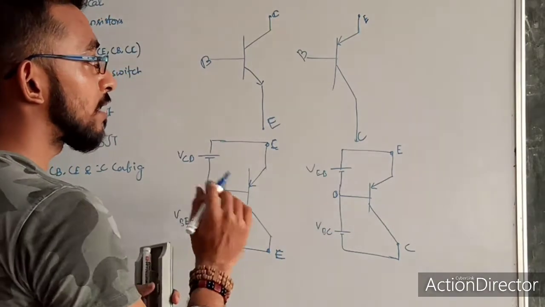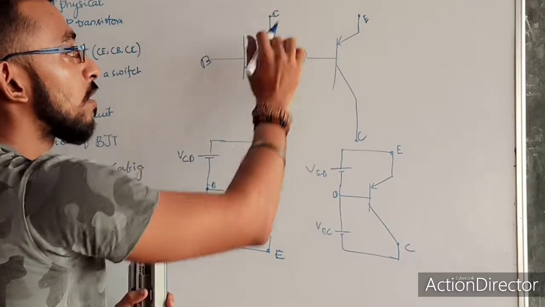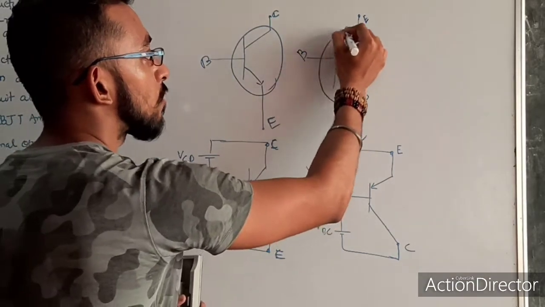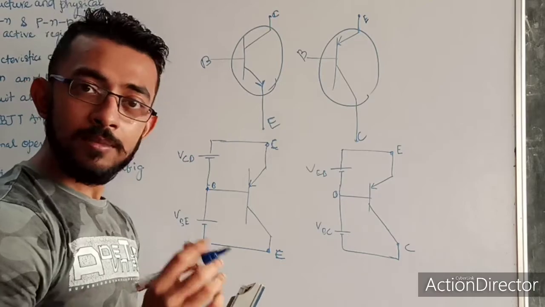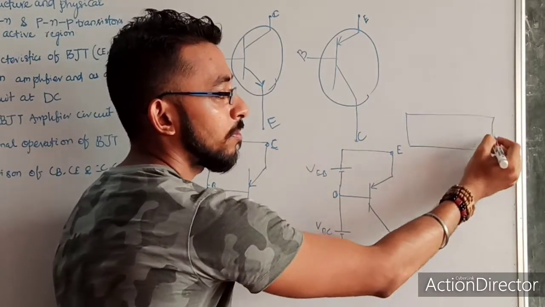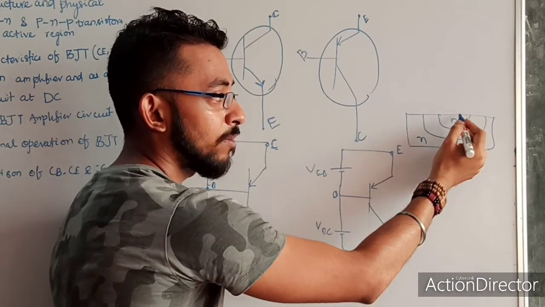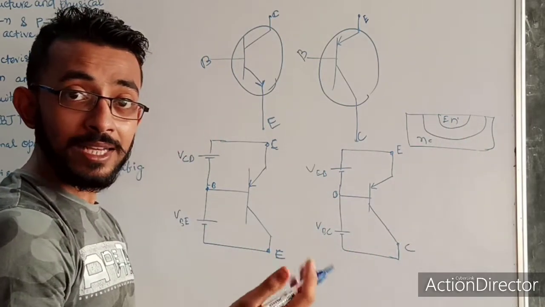Whenever a BJT is given in a question, you have to draw the BJT in this way. This is the circuit symbol, this is also a circuit symbol. We know our BJT is not a symmetrical structure. As I told in the previous video, even though both are the same type of material for an NPN transistor, this is emitter, this is collector, they can't be exchanged.